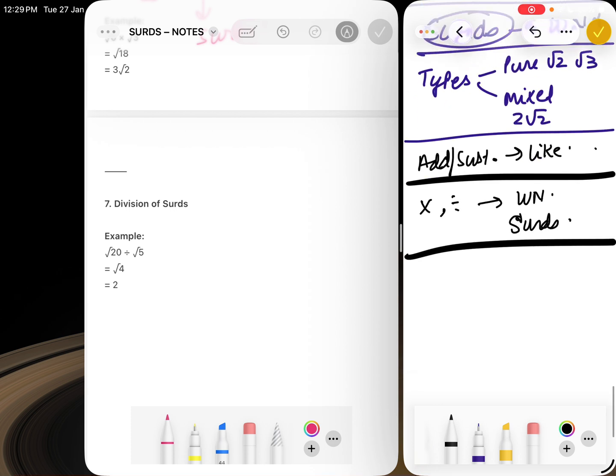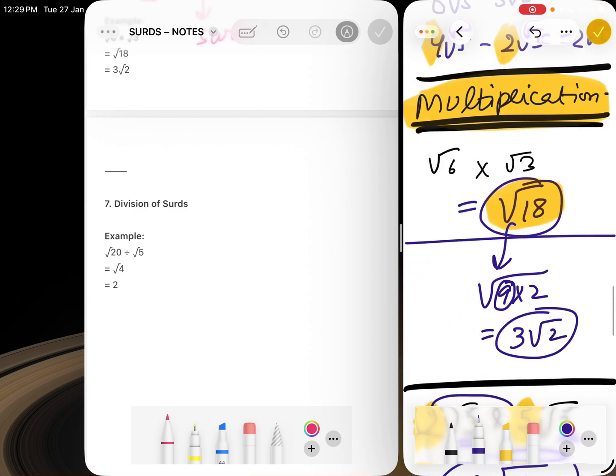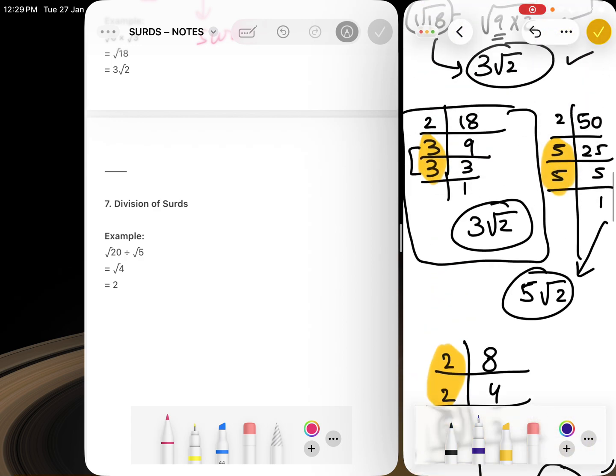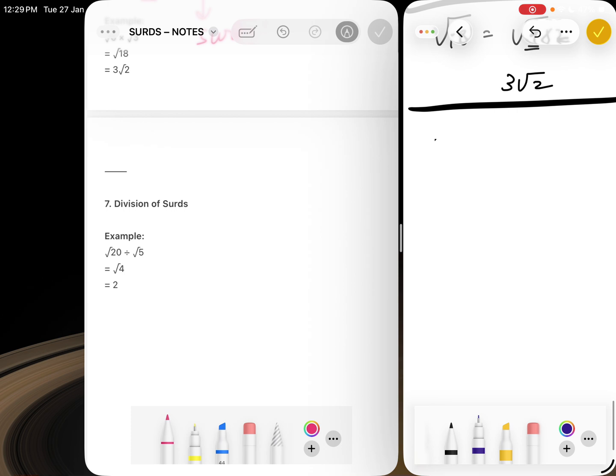We also discussed the method to simplify the surd, like root 18, root 9 into 2. 9 kiska square hai? 3, so 3 root 2. Correct? Then we discussed 36. 36 to already you know that it is 6, so it is not a surd, of course. But this one I am talking about, in which method 1 and 2 is there. Like for example, root 8.